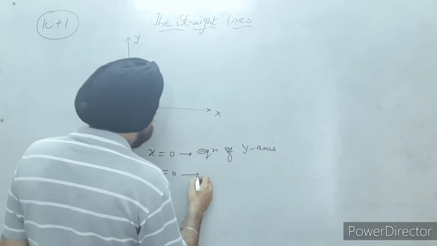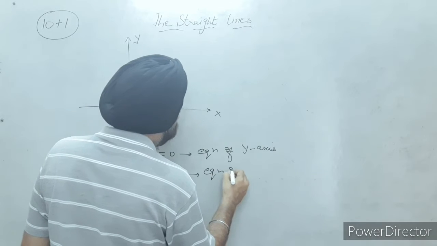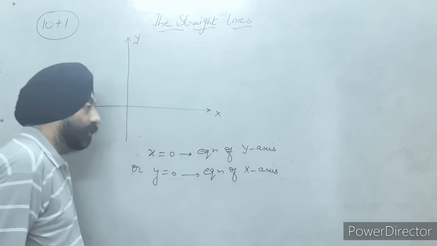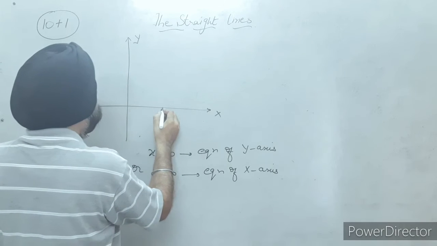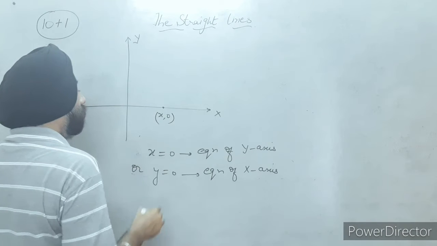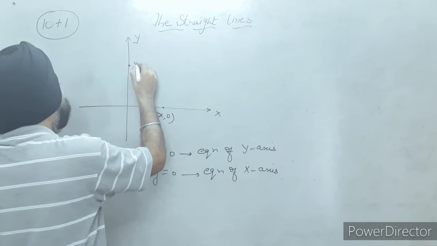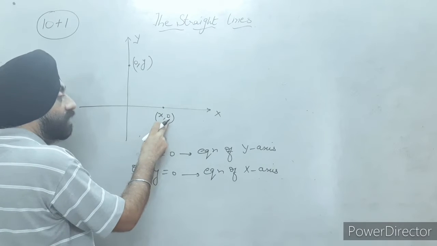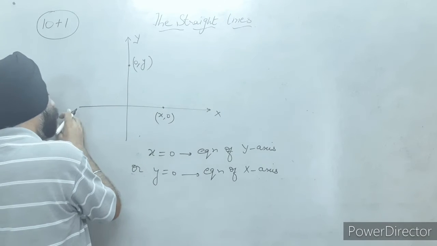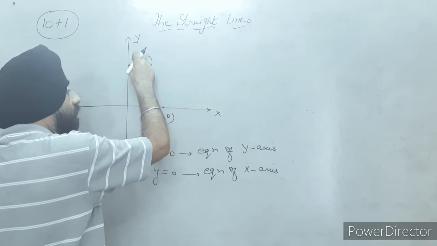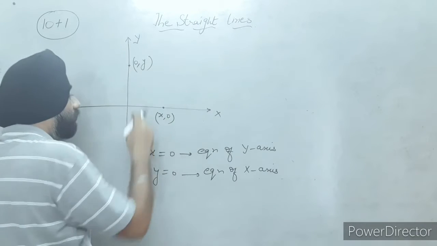Y equals 0 represents the equation of the x-axis. Now, any point on the x-axis is x comma 0. Any point on the y-axis is taken as 0 comma y, because here the ordinate is 0 on the x-axis, whether on the negative side or on the positive side. Here the abscissa is 0, it is 0 comma y.